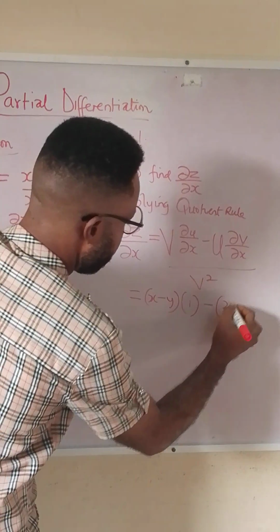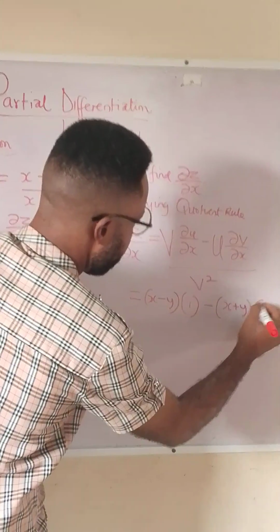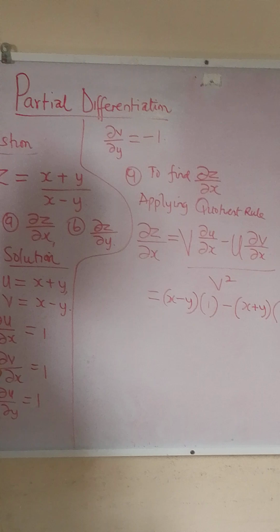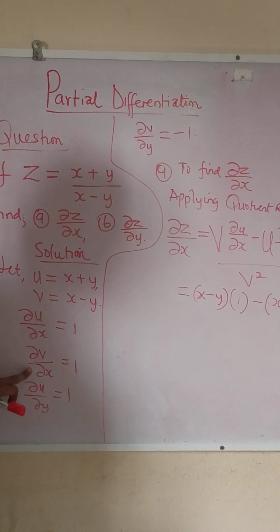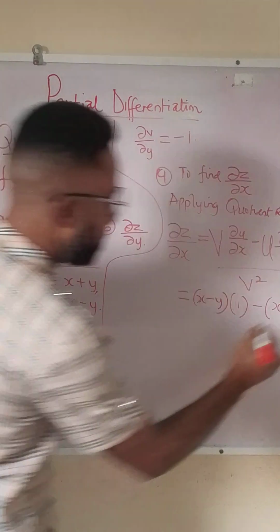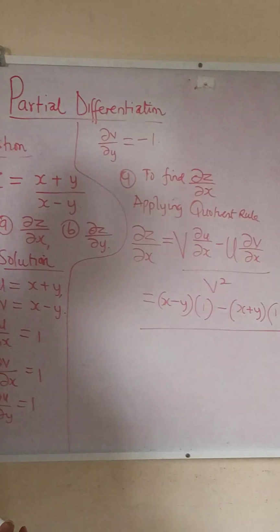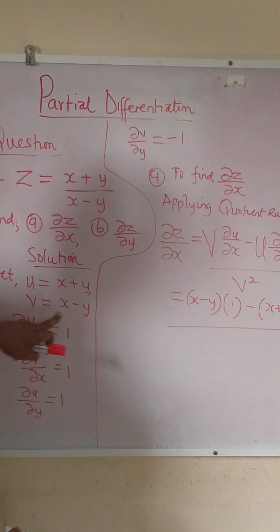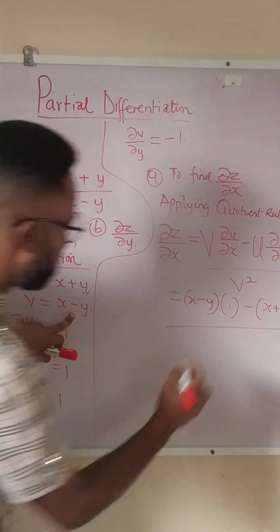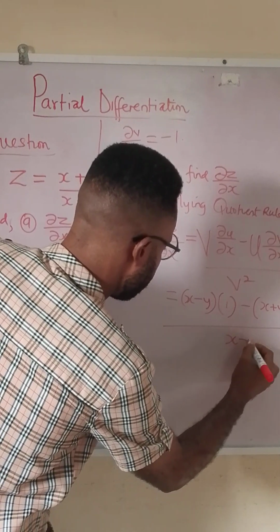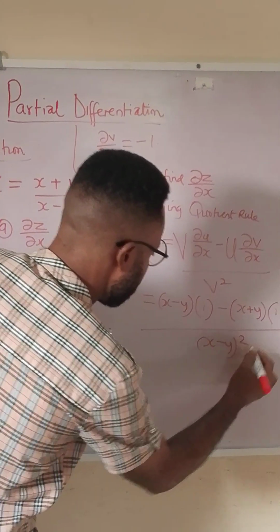Then the partial derivative of v with respect to x is 1 here. Divide by v squared, which is x minus y, all squared.